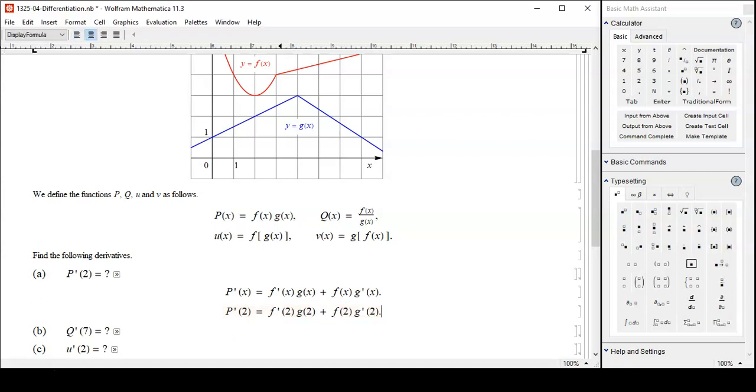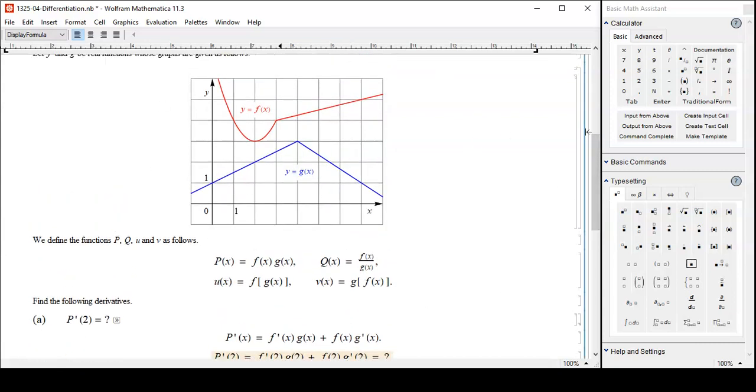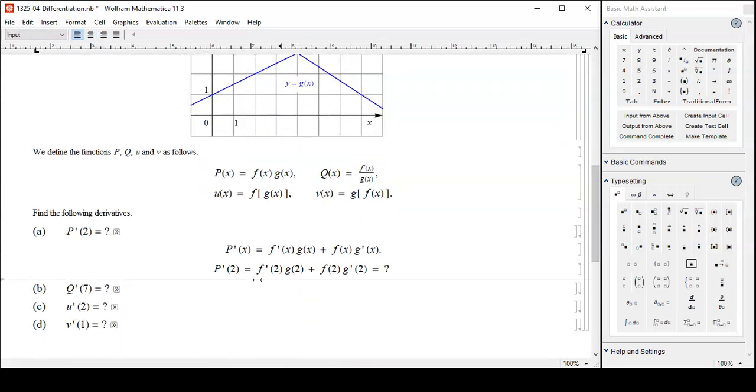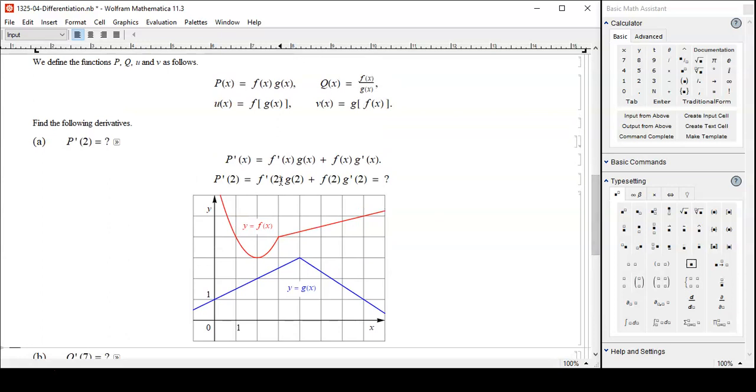So far so good, but here is now a significant problem. What are these? You have to answer these by looking at the graph. Good luck. What is g of 2?